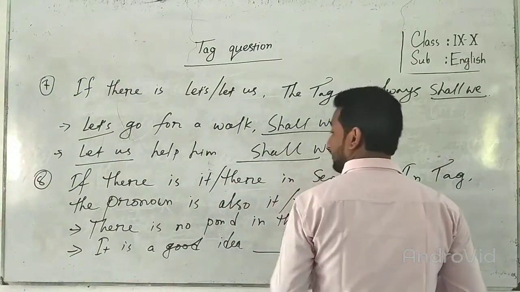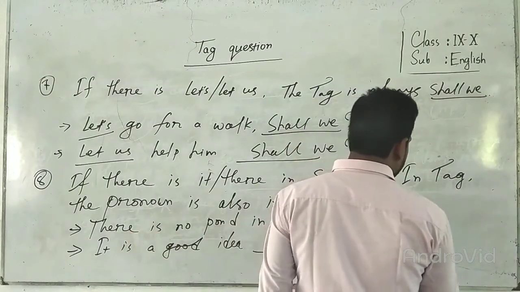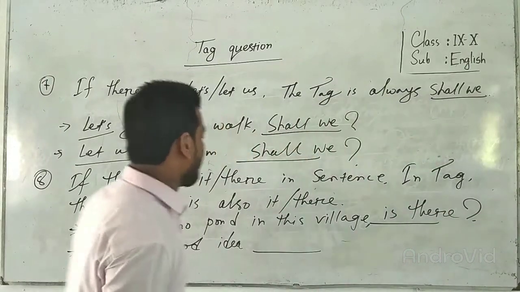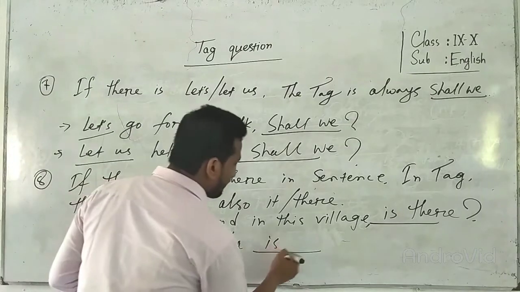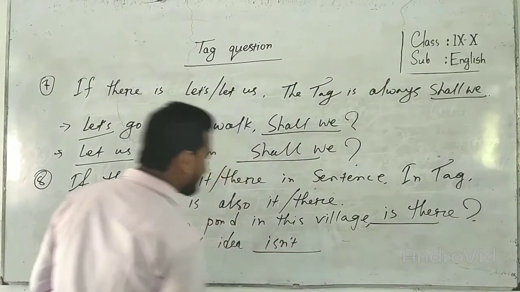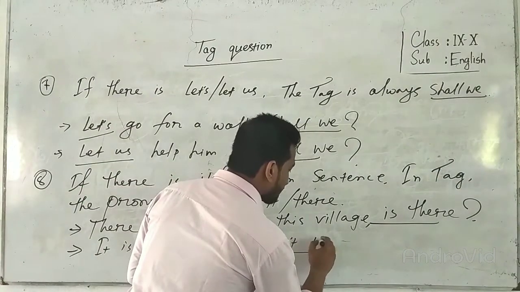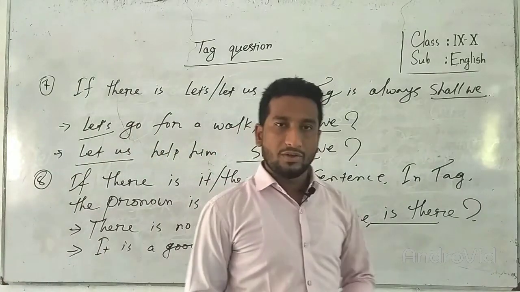So the auxiliary verb is, and the there is here also there. There is auxiliary verb is, the sentence is in affirmative, so an apostrophe T, isn't. The subject is here it, and the pronoun is also it here.